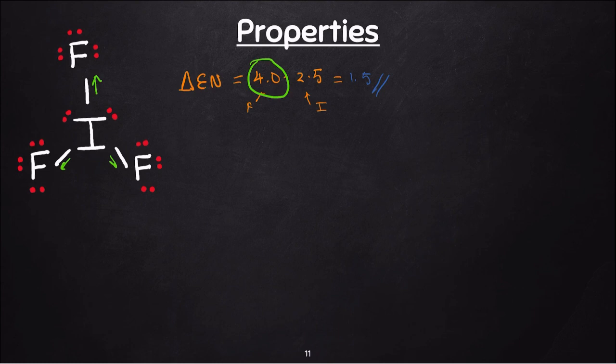And what we need to do is similar to what we do in physics. When we have two vectors in our free body diagram, they need to cancel each other out, which means that we have no motion. If our fluorine has arrows pointed towards it like this, but then we have no arrow this way, we have no arrow that way, that means that we have an asymmetrical molecule.